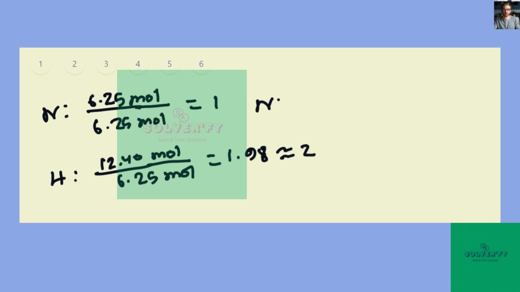So the ratio of nitrogen and hydrogen in this compound is 1 is to 2, and that means the empirical formula is NH2. So this is the empirical formula for the compound.